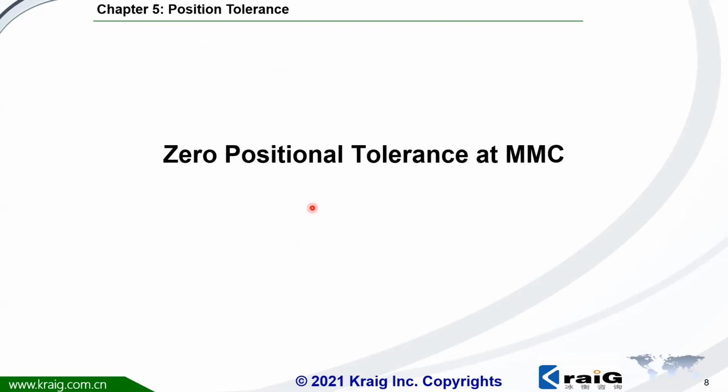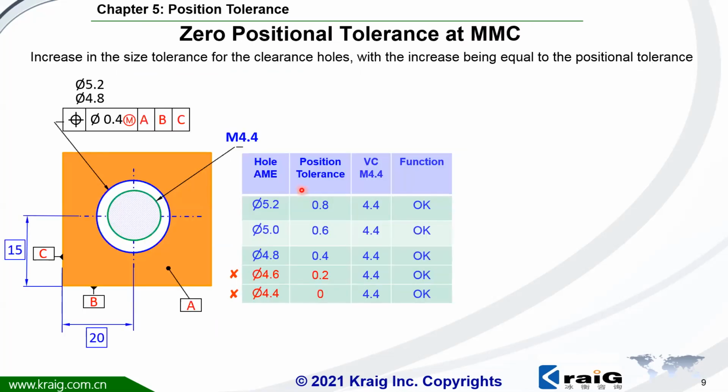Now let's talk about when we use the MMC or LMC modifier. We could see sometimes a zero tolerance value with the MMC or LMC modifier. Here, let's have a look at this joint. This joint has an MMC modifier.